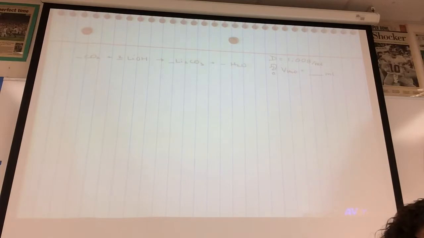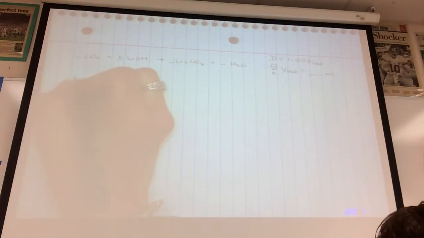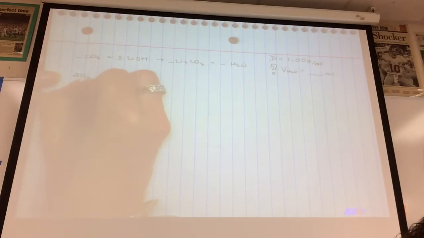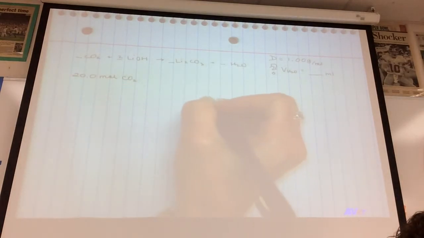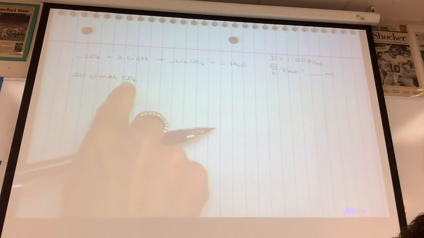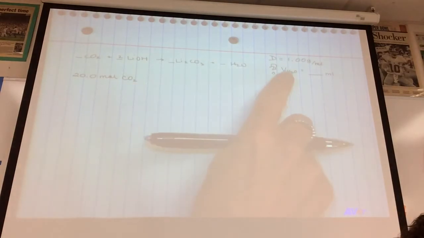What is your given? 20 moles of carbon dioxide. Remember, your given will have a number, a unit, and a substance. We want to go from carbon dioxide to water.